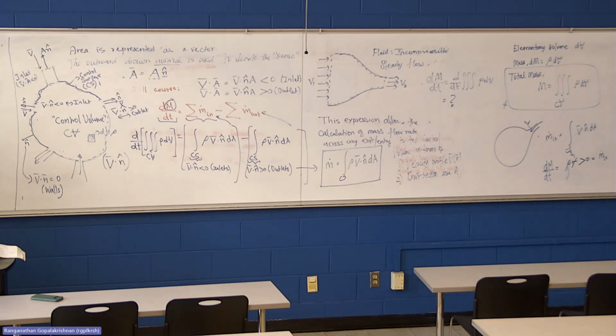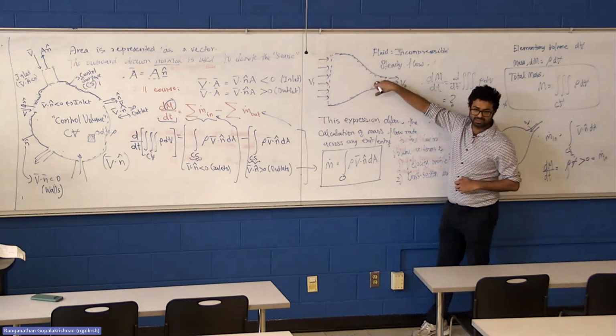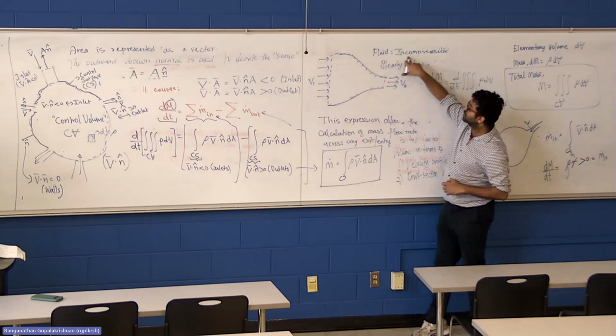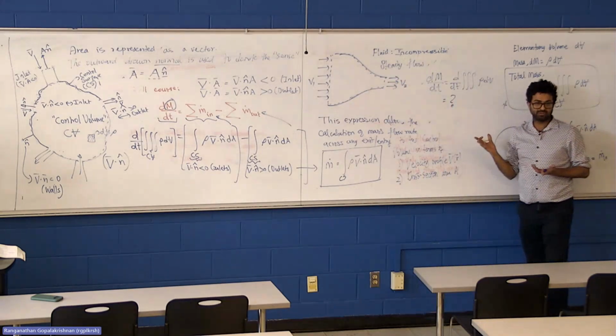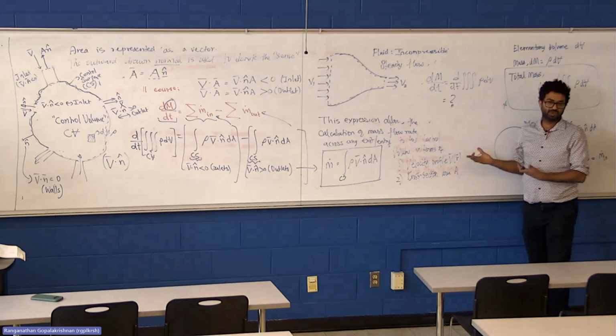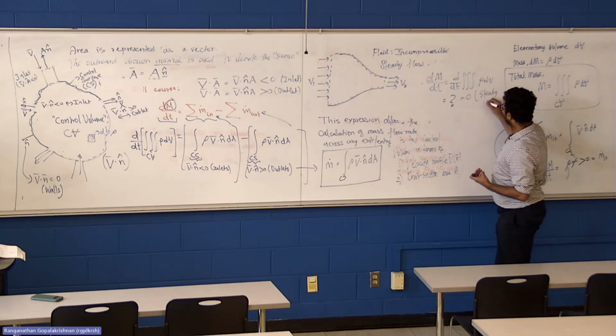0. Why 0? Because it's steady flow. It's steady flow, meaning whatever comes in must exit, and since it's incompressible, it cannot accumulate. So the rate of increase of mass must be 0. If it cannot accumulate, it has to exit, right? So this is 0 because this is steady and incompressible.